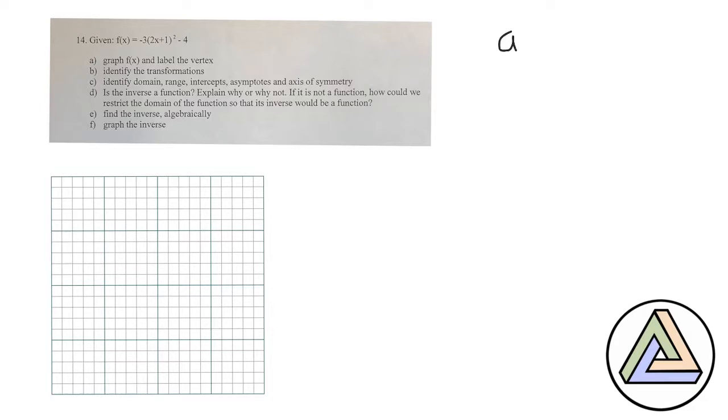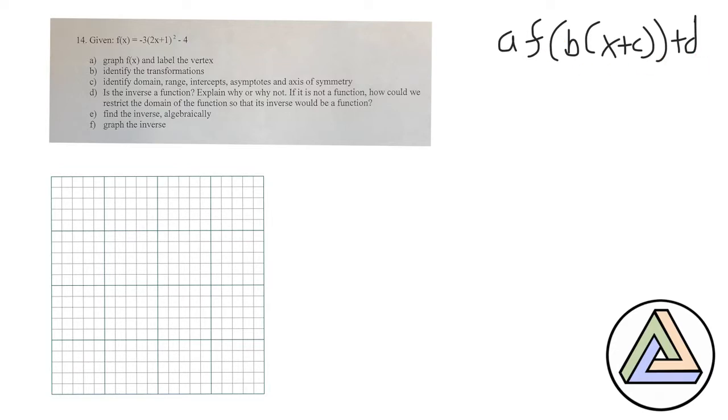Something along these lines. I know this could be confusing, but it's still nonetheless helpful if you could sort of memorize this structure where it's like a times f of blah, blah, blah, and then plus d.